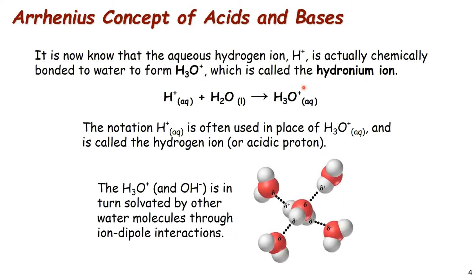Now, the aqueous means the same thing it did for the salts. When we talked about ions being in solution, aqueous simply means that there's a bunch of water molecules coordinated around the ion. In this case, this is a positively charged ion, but the positive hydrogen part of the water molecule is going to be attracted to the negative portion of the oxygen.